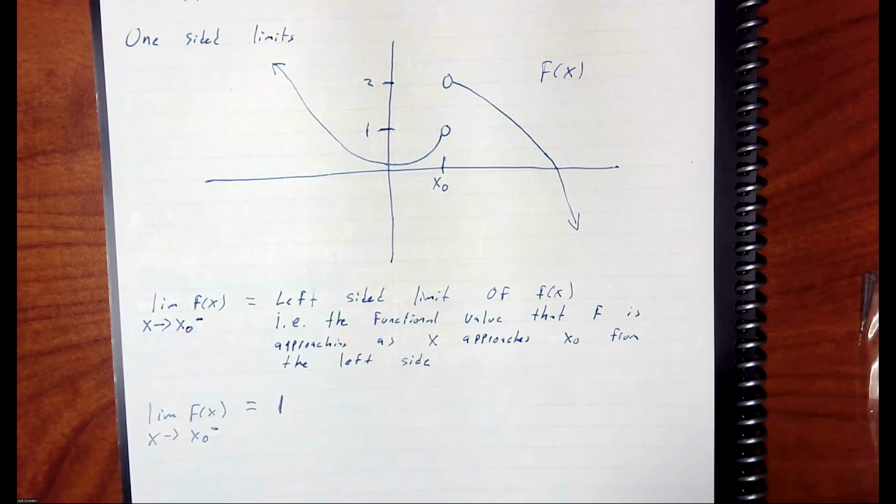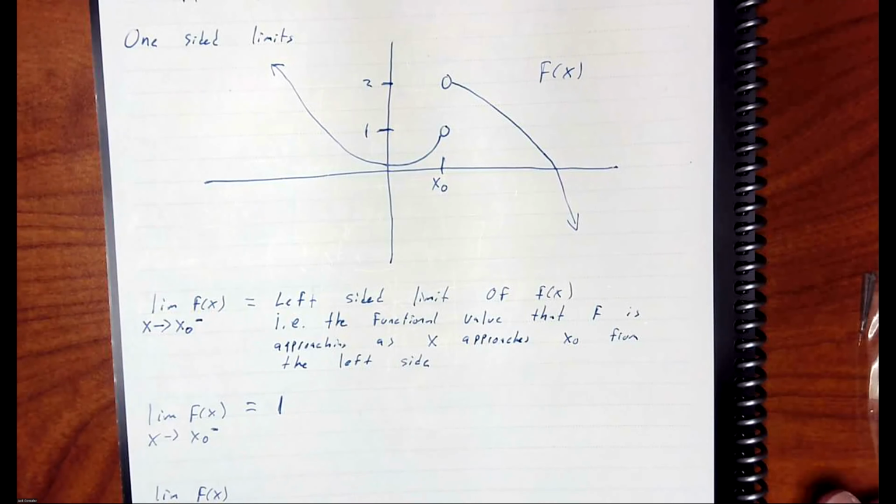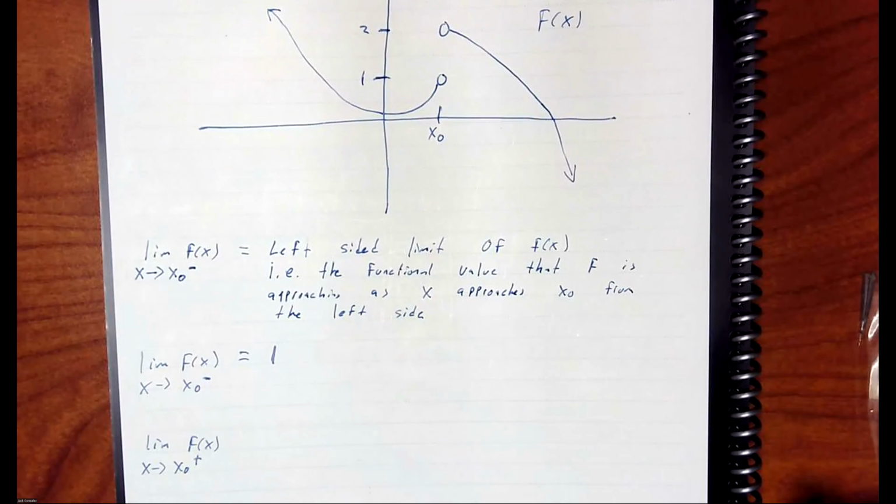So similarly, for the right side, if they were to write f of x as x approaches x0 from the positive side, you'll see a little plus sign. So if you see a little plus on the x naught, that means we're coming from the right. What does the y value do?